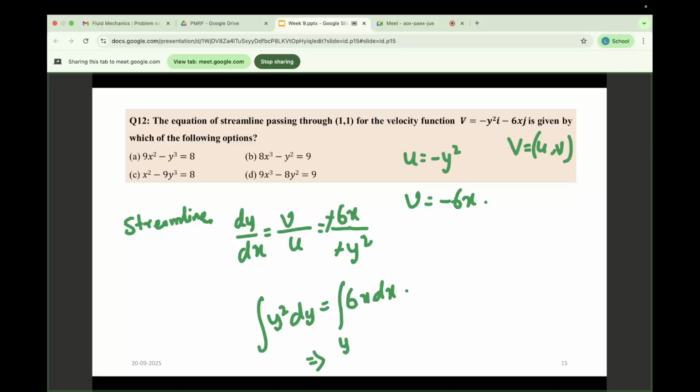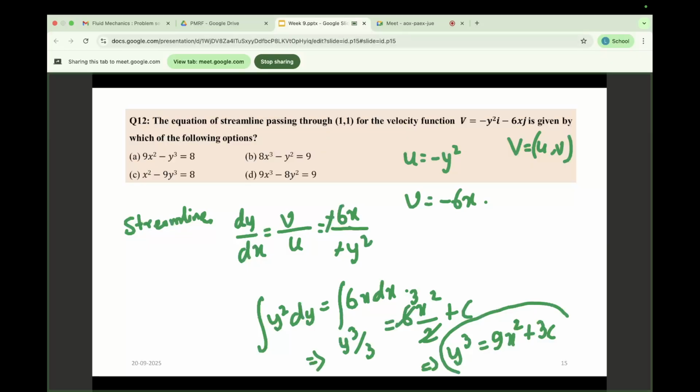I will get y cube by 3 equal to 6 x square by 2 plus c, right? So if I summarize this, it can be written as y cube equal to 9 x square plus 3c. Okay.